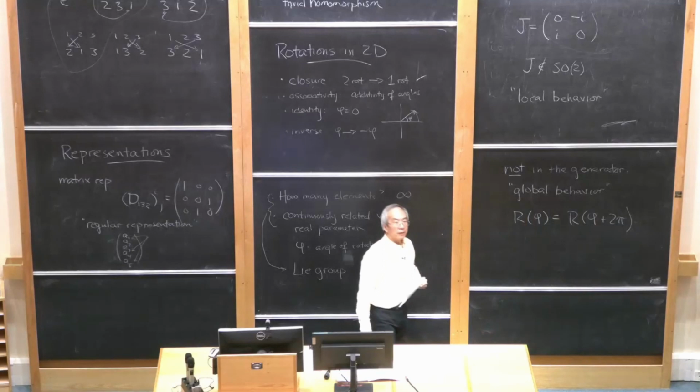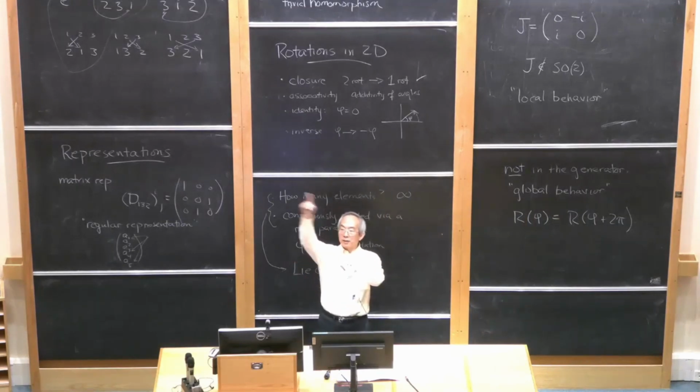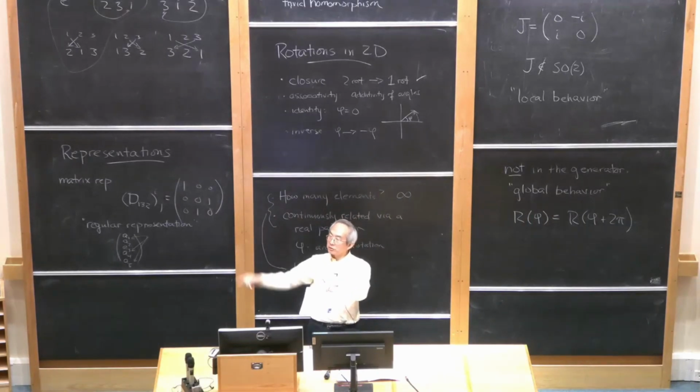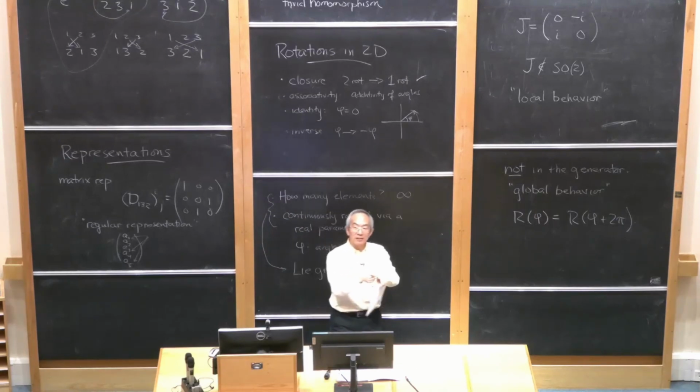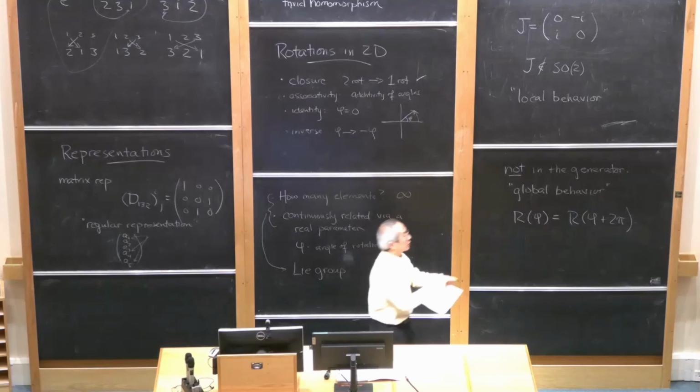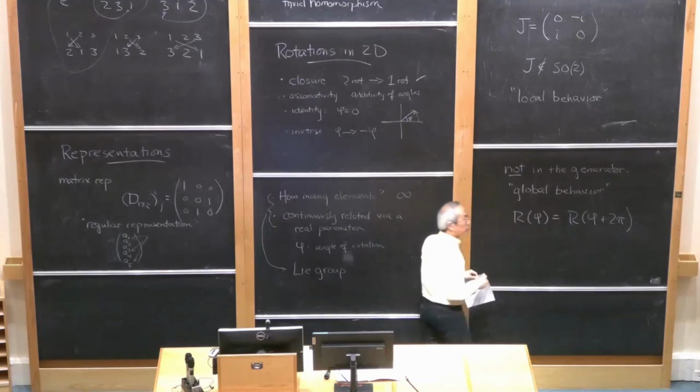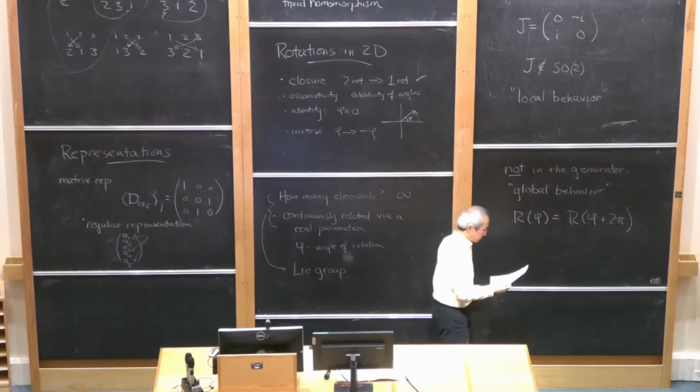The fact that if you go around a finite angle of 2 pi and you end up at the same group element, that is not to be found in the generator. So this has to be something that gets imposed from the outside.